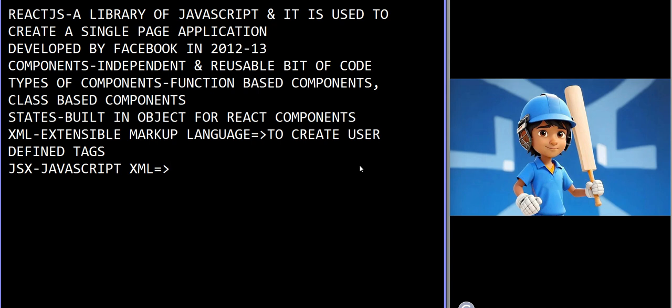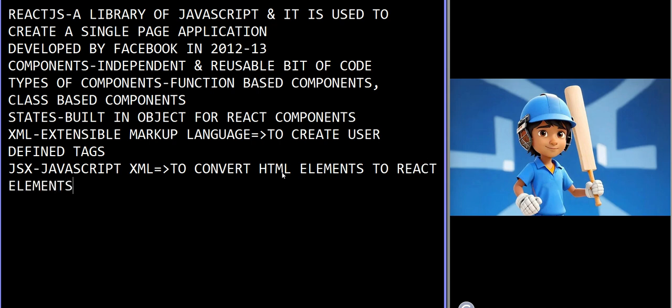That means we use HTML only, but it will be converted into React elements with the help of JSX, that is JavaScript XML. So I will write its main usage: to convert HTML elements to React elements.